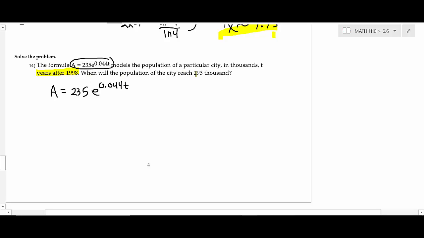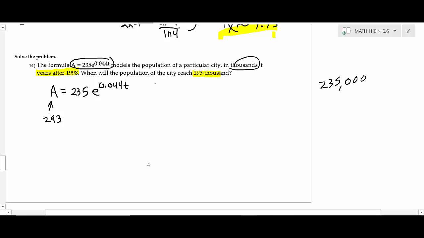What it's saying is, when will the population reach 293,000? And they also said the population was already in thousands. So this 235 is really representing 235,000. So you're going to just plug in for A just the 293, because it's in thousands.